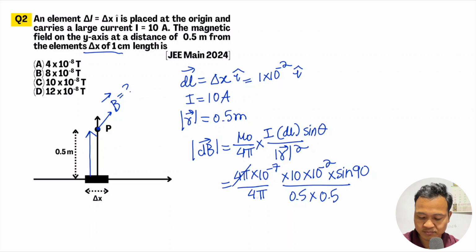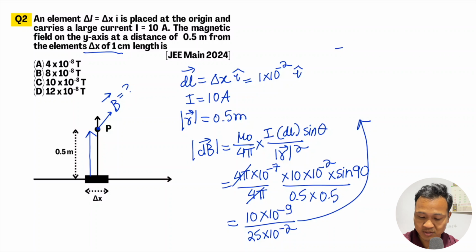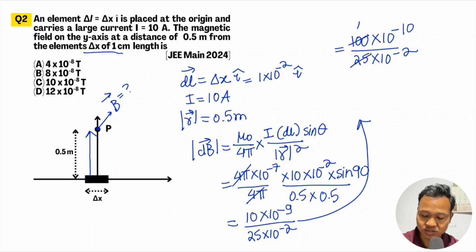Solve it. How much will you get? So 10 into 10 power minus 9 divided by 5 into 10 power minus 1 squared, 25 into 10 power minus 2. So 100 into 10 power minus 10 divided by 25 into 10 power minus 2. 100 divided by 25 is 4.